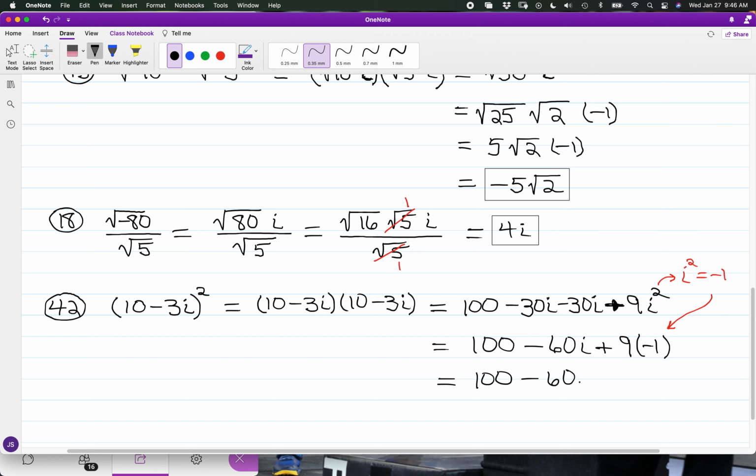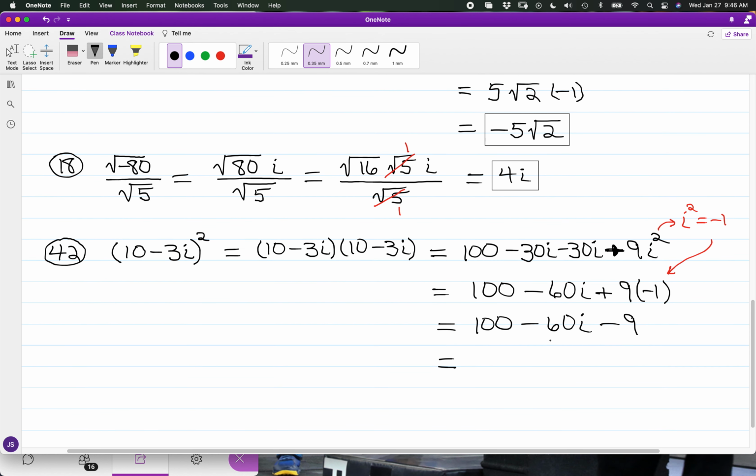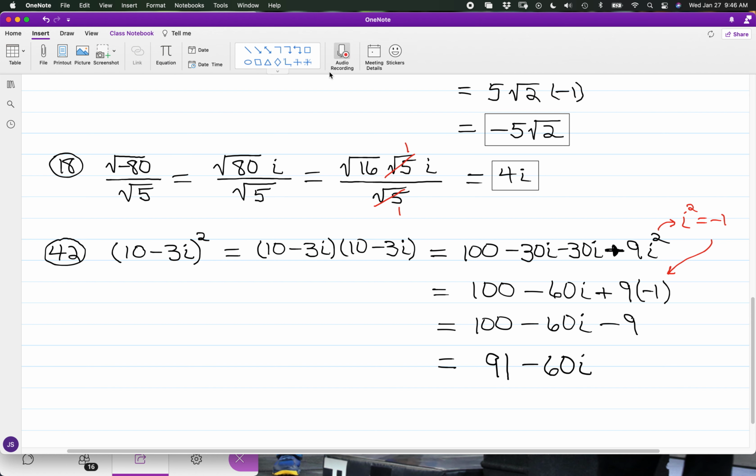So we have 100 minus 60i minus 9. Just combining, your a term is going to be 100 minus 9, which is 91, and your bi term is the negative of 60i. And that will be the final result in this case.